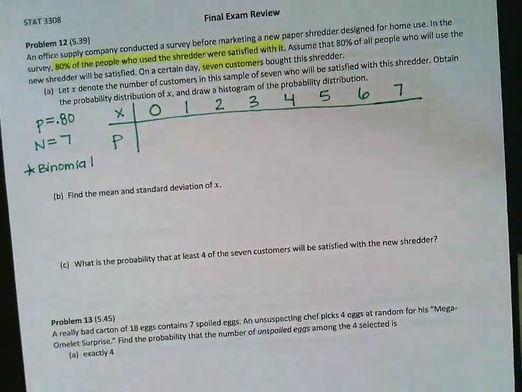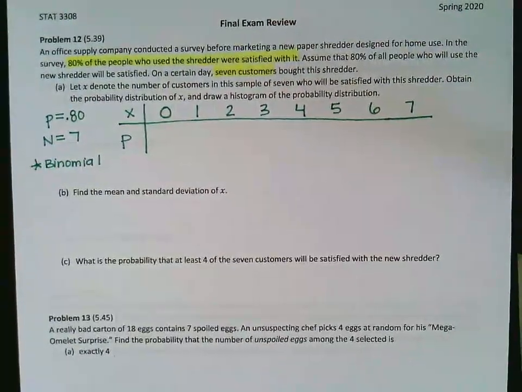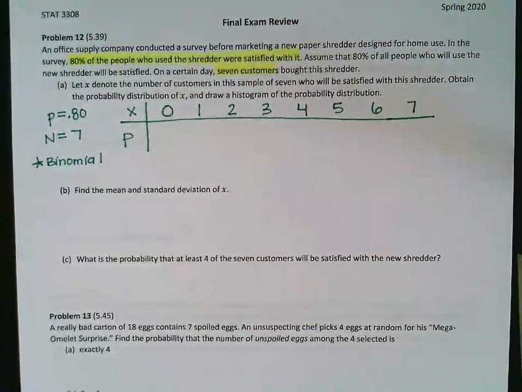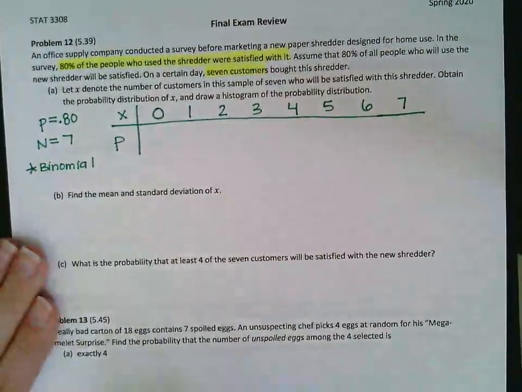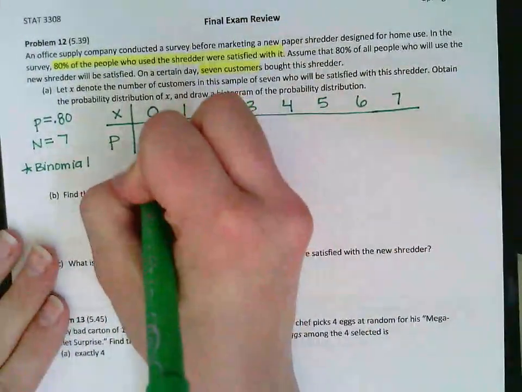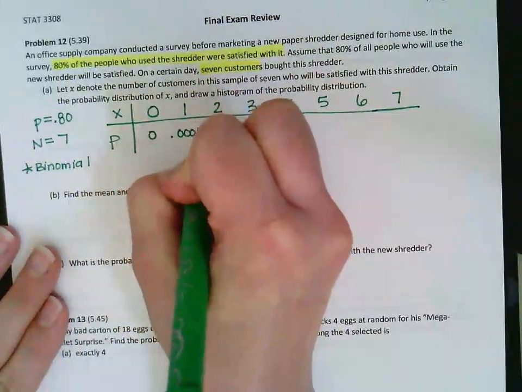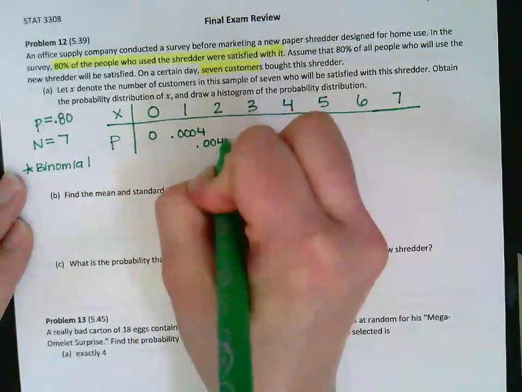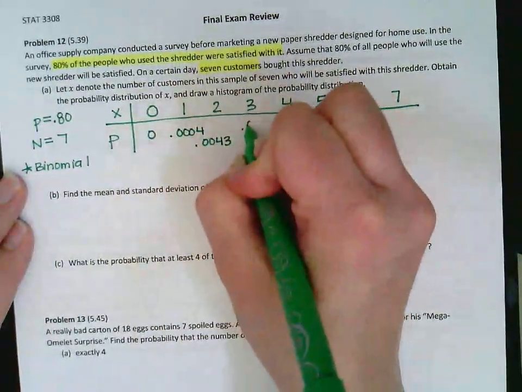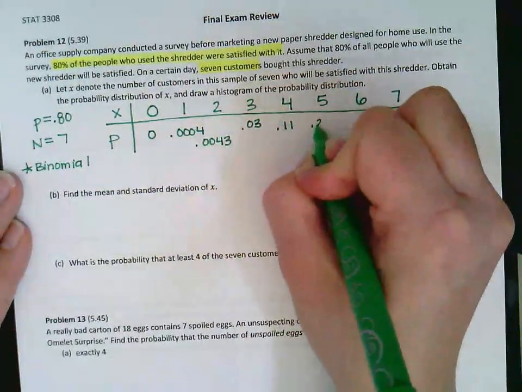Where I'm going to find these probabilities are going to be in the back of your textbook. So that might be on the online textbook if that's what you use, or it might be the physical textbook if that's what you use, whichever one that you are using. If you have a calculator and you do binomial PDF, and you put in this N and this P and then don't press any X value, then it actually will just output the entire distribution for you.